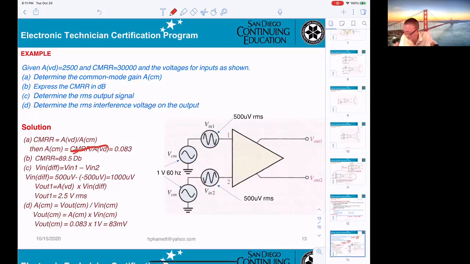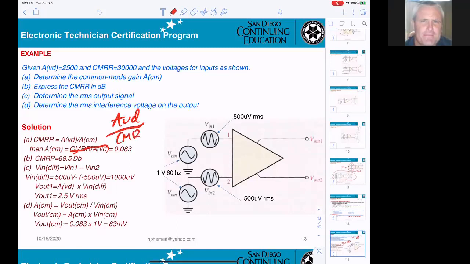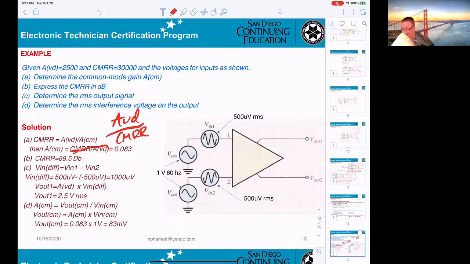It will be AVD. Okay, that's what we already did on number A. Number B, we already did in the previous one.